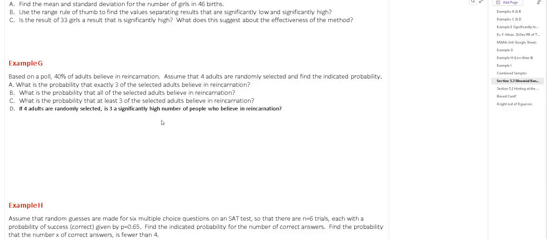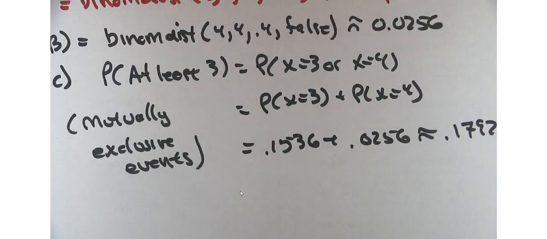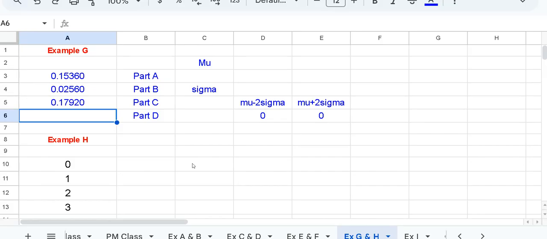What has to be true if an event is significant? What has to be true about its probability of occurring? What was that low threshold we gave it? 0.05. Yeah, 0.05. So is our probability less than 0.05?